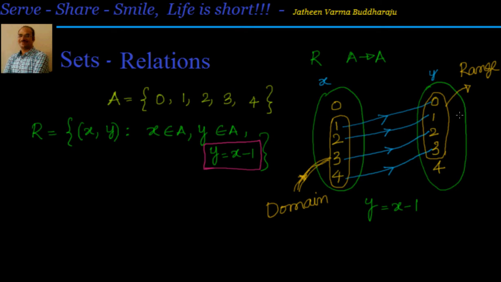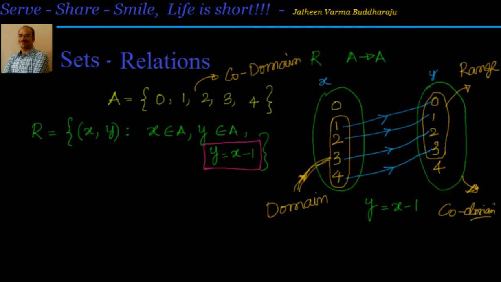But the whole set A itself, 0, 1, 2, 3, 4, is also called the codomain.